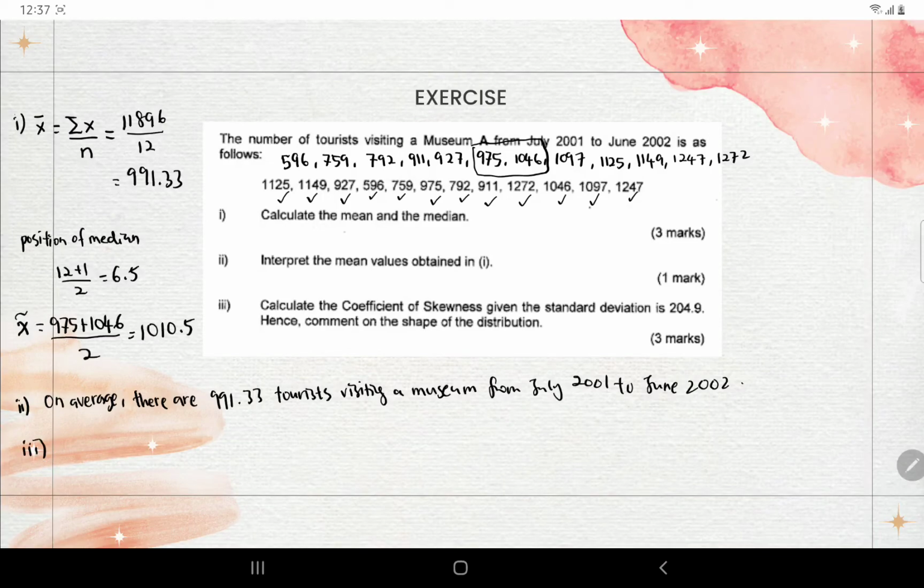For the third question, calculate the coefficient of skewness given the standard deviation is 204.9. To calculate the coefficient of skewness, we need to use the Pearson coefficient of skewness, which is PCS. We have the value of the mean, median, as well as the standard deviation, so we can use Pearson's second coefficient formula.